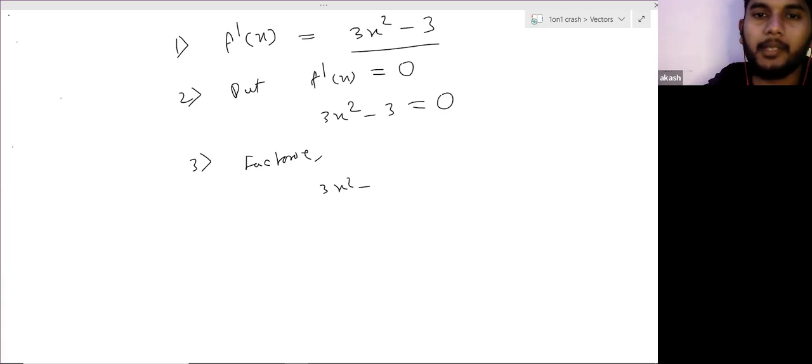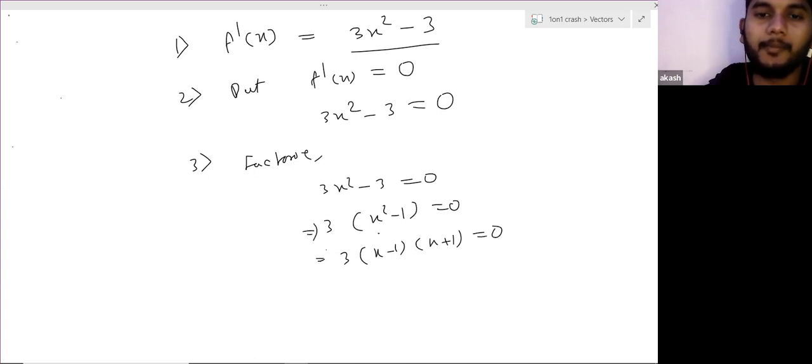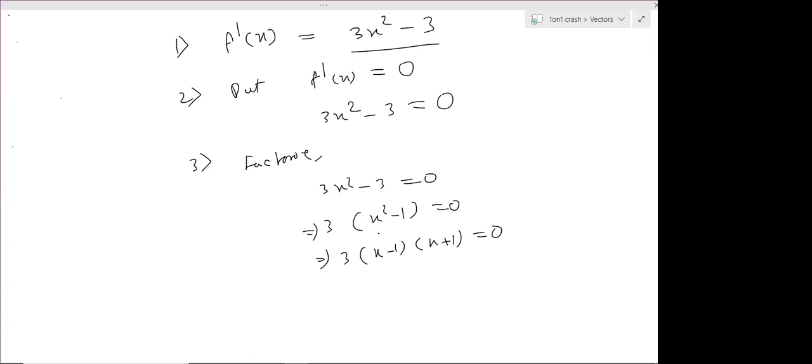How can we factorize? Taking 3 common, x square minus 1 equals 0. So this is a square minus b square. So 3 times (x minus 1)(x plus 1). These steps are clear? All right.